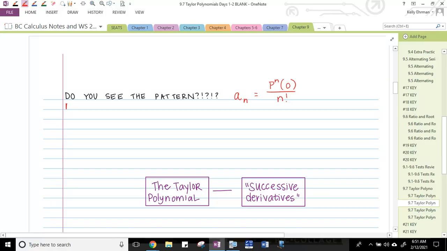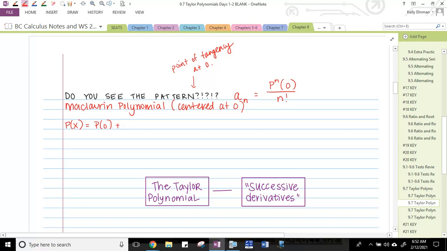This is called a Maclaurin polynomial centered at 0. Centered at 0, again, just means points of tangency at 0. So it's p of x equals p of 0 plus p prime of 0 times x divided by, technically it's divided by 1 factorial.